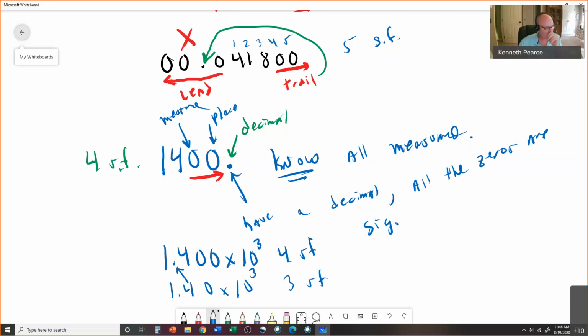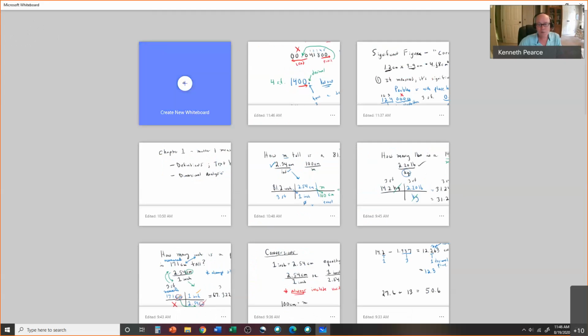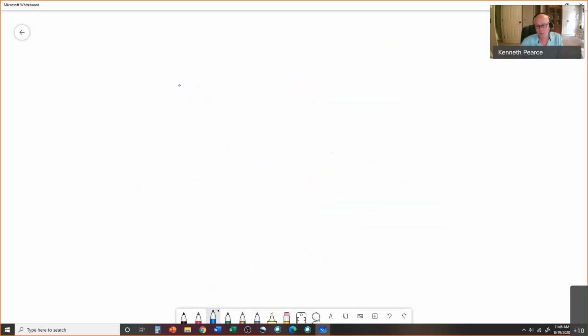Okay, now where is all this leading us? Well, when we do calculations, we have to use what's called the rules of significant figures. So that we can get the correct answer, we have rules for multiplication and division. This is sig figs in math, because we have to know where to round our calculator answer.